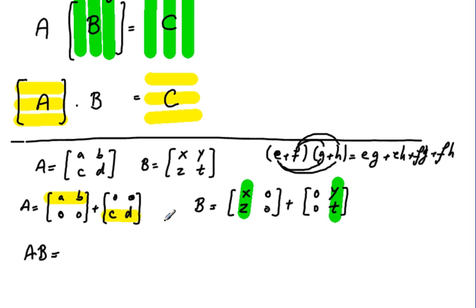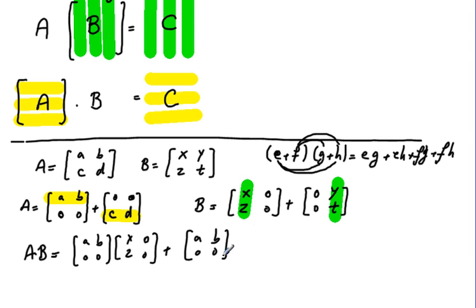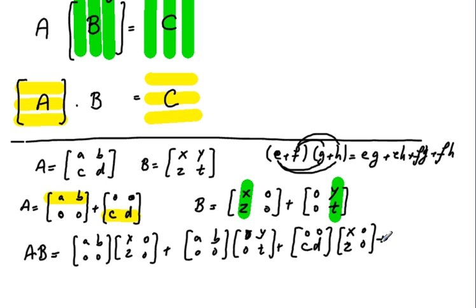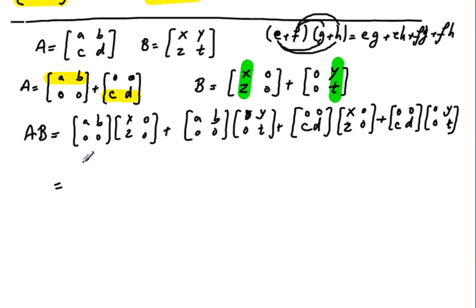So when I want to multiply, I'm going to have the first yellow one times the first green one, the first yellow one times the second green one, the second yellow one times the first green one, plus the last round we have second yellow one times the second green one. Now what do you think each of these things is going to be?